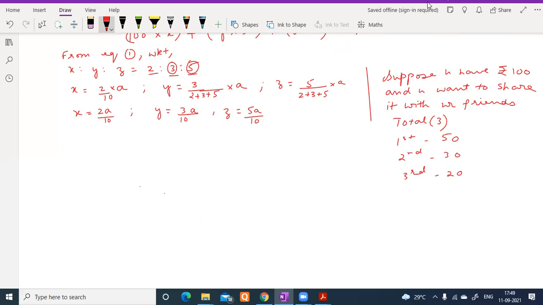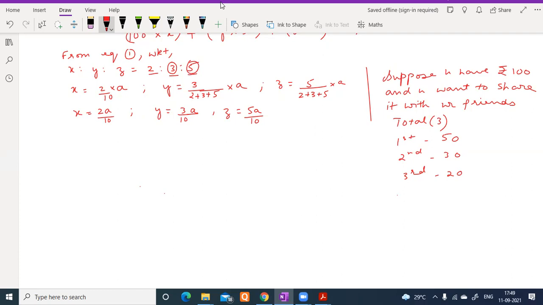So your first friend has 50 rupees. Or maybe you can think as you are having 50 rupees. You give 30 rupees to your second friend and you give 20 rupees to your third friend. So now all of you have, if I add the total amount from each one of you, I'll get rupees 100. Okay, but what is the ratio in which you're having?